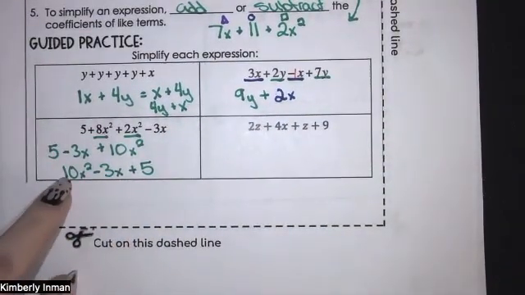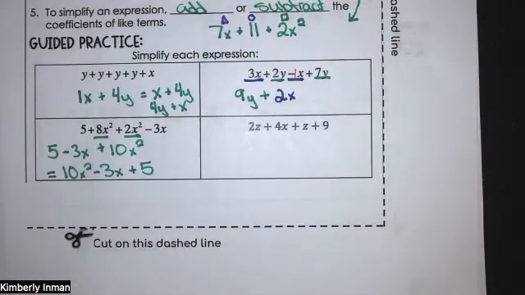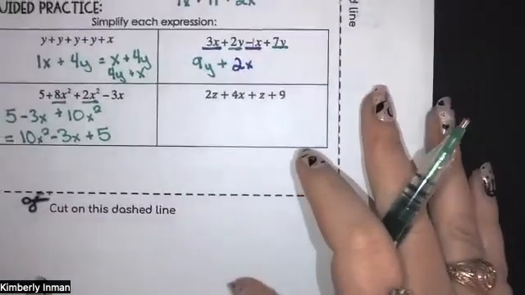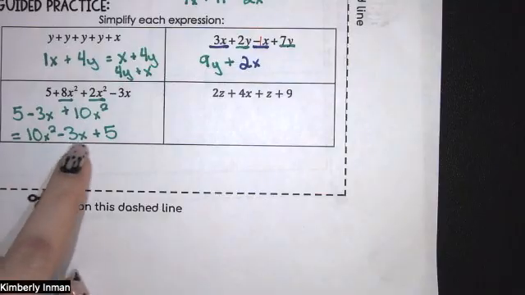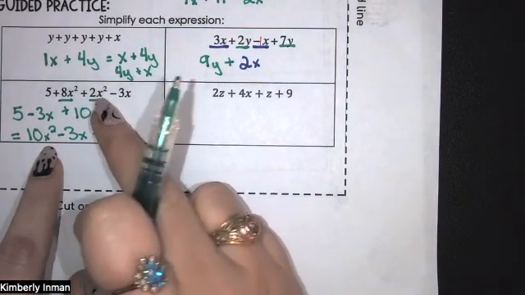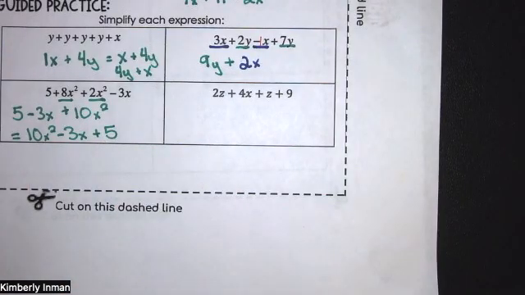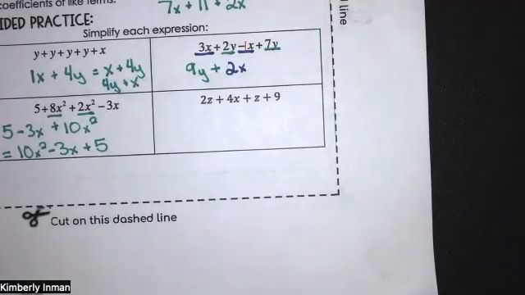Same thing. Mathematically, these are equal to each other. Sometimes I come up with all the different options, sometimes I don't. So as long as your answer has all those different terms, 10x squared minus 3x positive 5, you are good to go. Just let me know if I didn't list that term.